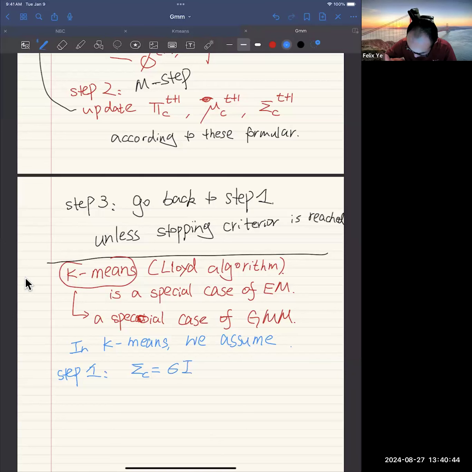So that means my covariance is a constant times identity. And my pi c is just uniform, 1 over k for all the clusters. So that's why we can just use the mean directly rather than a weighted mean.